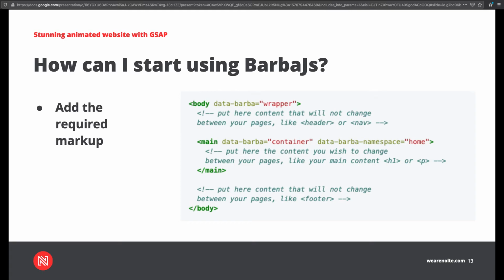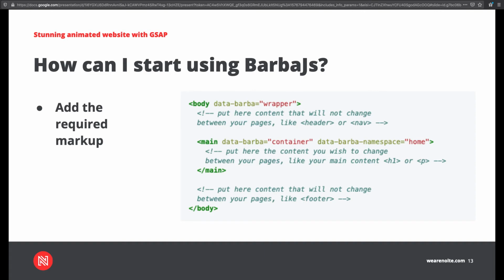The next step is to put the required Barba tags or attributes in your HTML. You have to add the Barba wrapper in your body, because that is going to tell Barba that your body is not going to change. So maybe you can add the header or the menu inside the body with these attributes, and that menu will be preserved between page transitions.